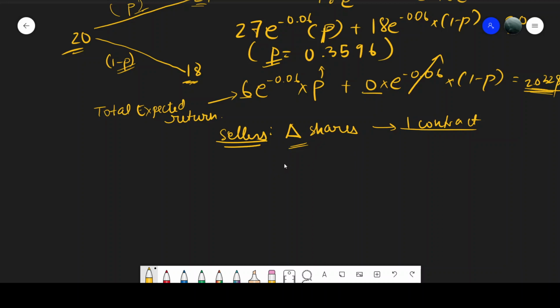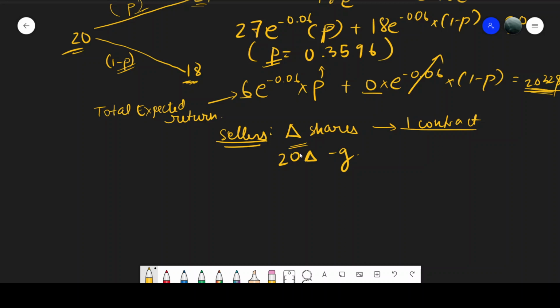So how much money will I have to borrow if I want to sell this option? It is basically 20 delta minus G. So 20 delta is the price of all the shares currently, and G is the money I will get if I sell the contract to the buyer.